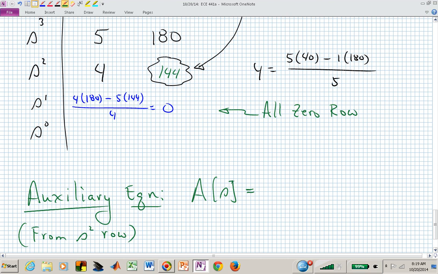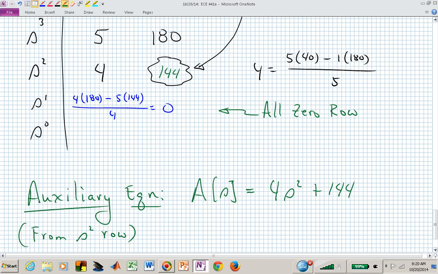You didn't see me jumping over a power of S. So we start with 4S squared. We jump over the S1 coefficient, and we end up with the 144 times S to the 0. Is it clear where that's coming from? Our auxiliary equation is from the row immediately above the all 0 row. That's the S squared row. This is now 4S squared plus 144.